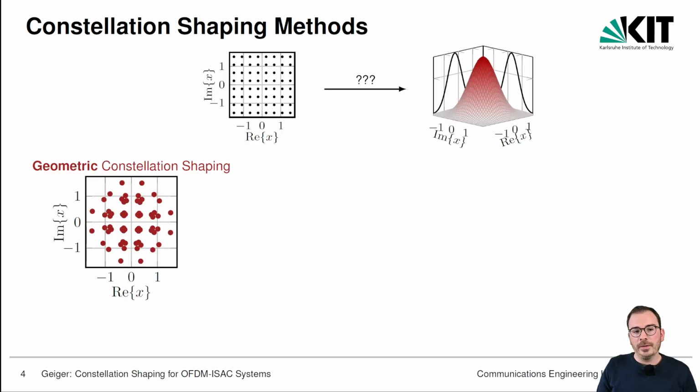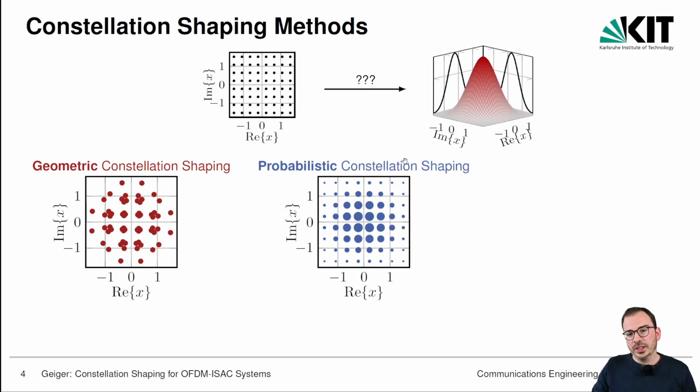And so there are three options to do so. The first one is geometric constellation shaping, where we optimize the location of the constellation points while assuming they're equally probable. The second option is probabilistic constellation shaping, where we use the locations of our conventional QAM, but optimize their probability of occurrence.